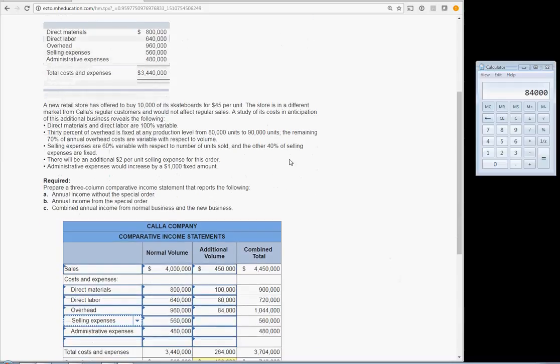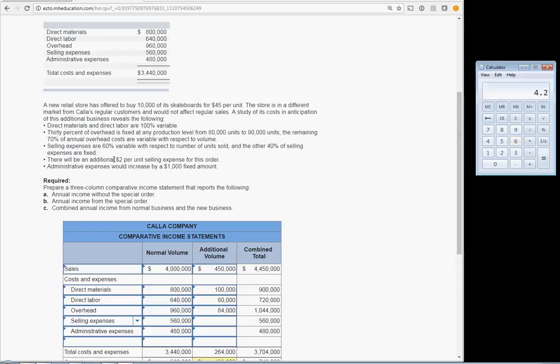Okay? Selling expenses. Again, something different. It says that 60% is variable. So let's take a look at that first. We do the same thing. 560 times 0.6 gives me my variable piece, which is 336,000 divided by 80,000 units. That's 4.20.